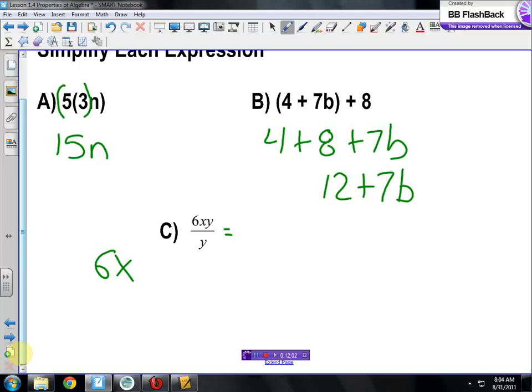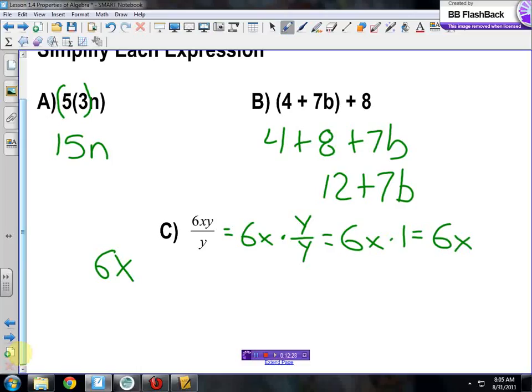So we say that the order of multiplication doesn't matter. So I'm going to take 6x times y over y. Is everybody okay with that? It doesn't matter which order you multiply in, so I'm just going to break them up. And we know y divided by y is 1. 6x times 1 is 6x.